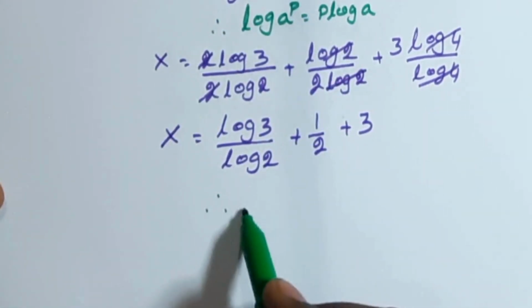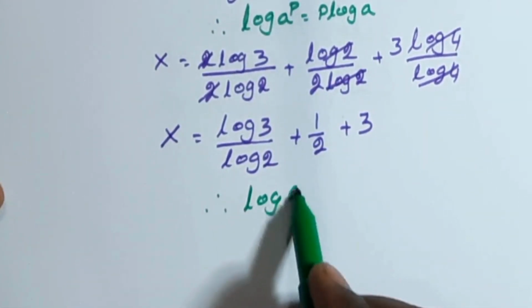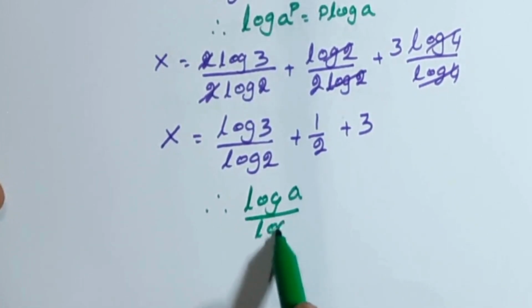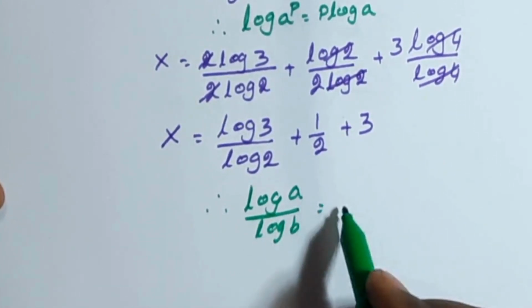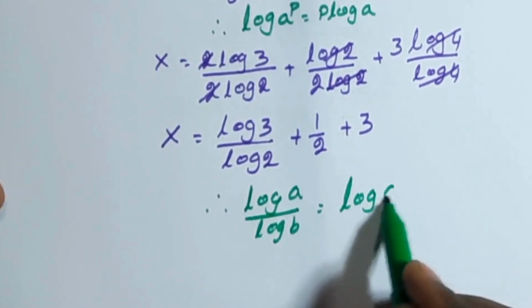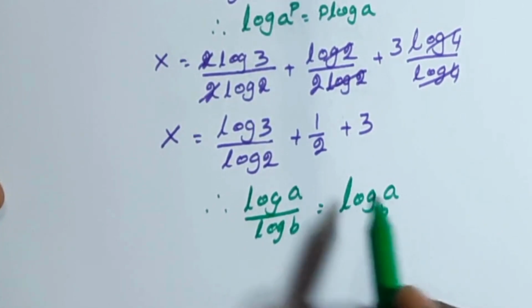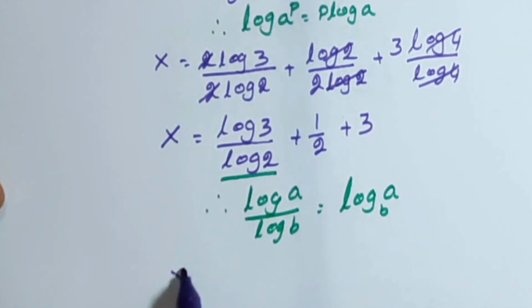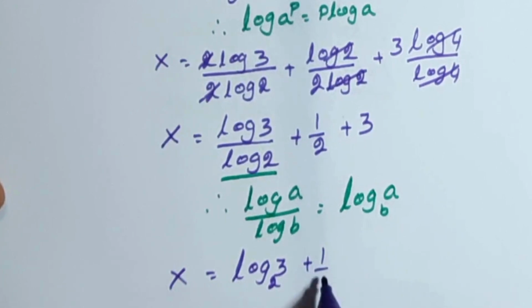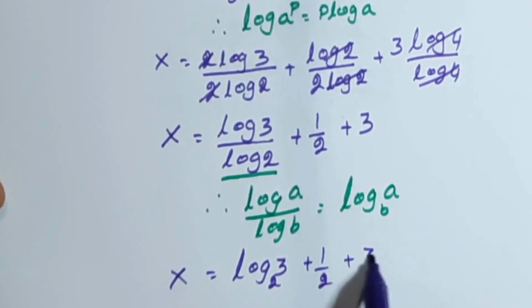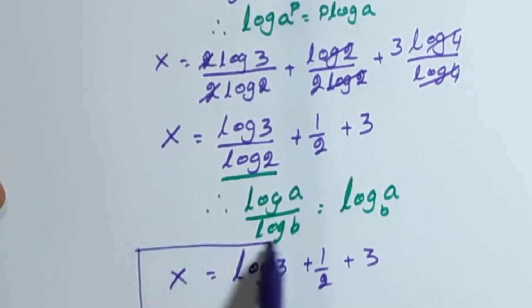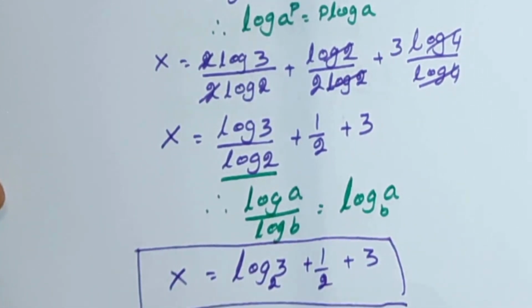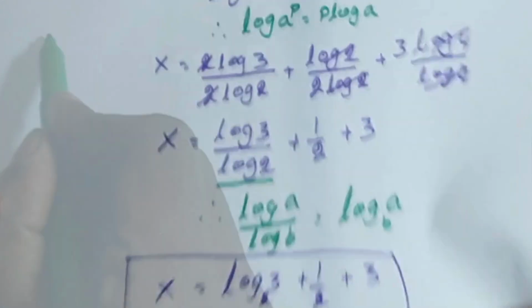Therefore, we know the formula that log a by log b equal to log a base b. We are going to implement this here. X equal to log 3 base 2 plus 1 by 2 plus 3. This is the x.